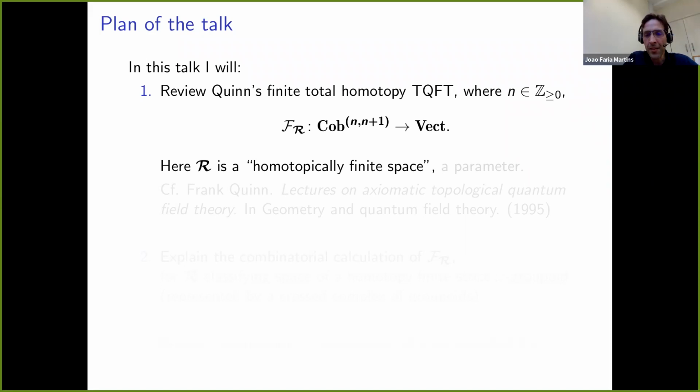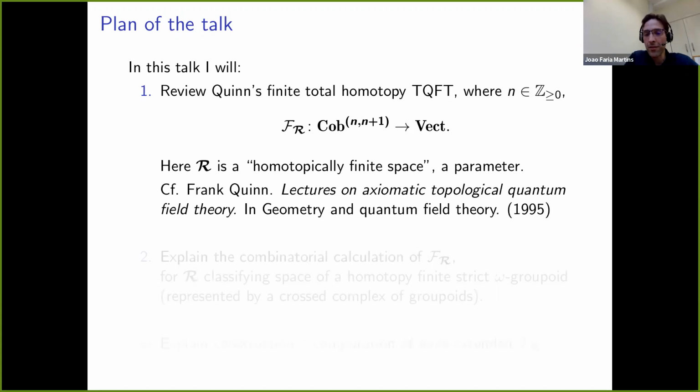And there's a parameter here, which I call R, which is what's called a homotopy finite space. It is a parameter. Essentially for each R, I get a different topological quantum field theory. And this construction appears, for example, in these lectures on axiomatic quantum field theory by Quinn from 1995.